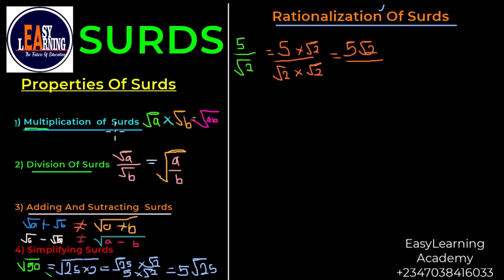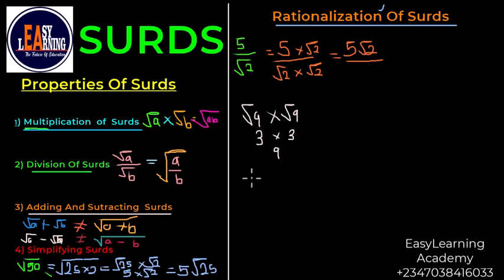Take for example, the square root of 9 times square root of 9. All right, and we know that square root of 9 is what? Is 3, right? And so it means 3 times 3, and 3 times 3 is 9.